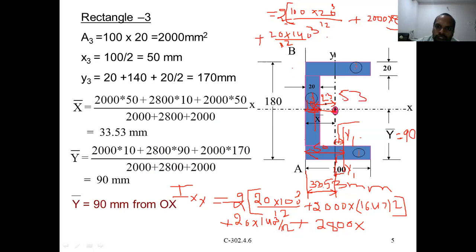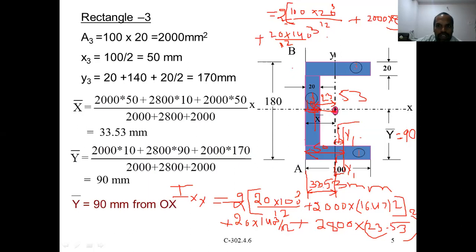So it's 23.53 square. That's all. Three figures are over. This is the first figure and third figure, and this is the second one. The moment of inertia Iyy is also over.